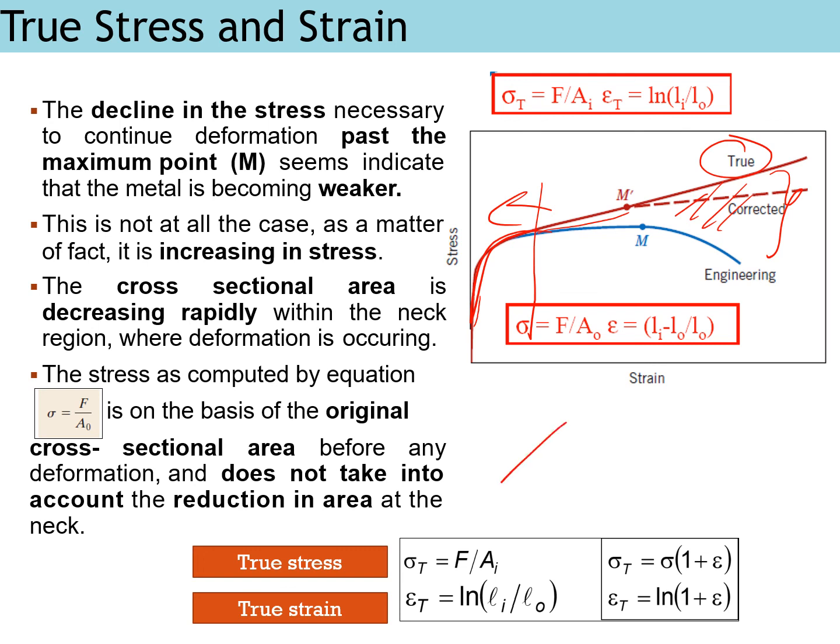So this is basically the formula that we will use to calculate the value of the true stress and also the true strain. The original is over here, but when we change it to F times L over L minus L naught, you will obtain this formula.